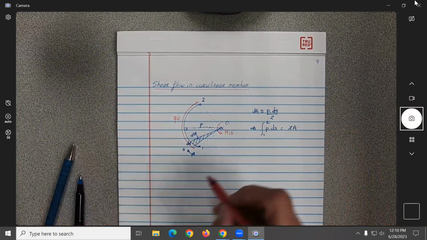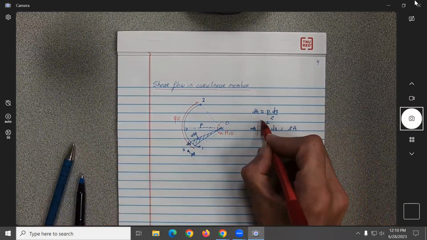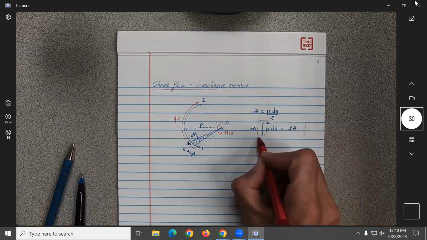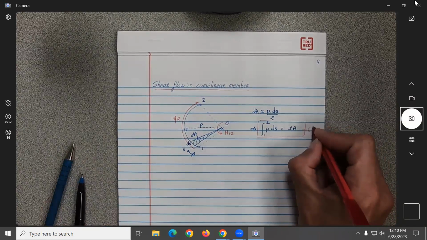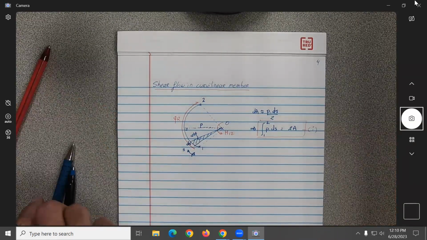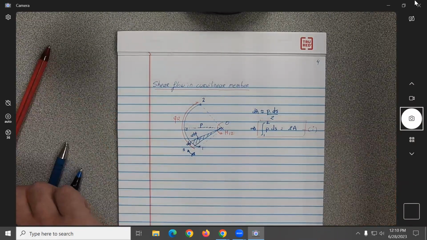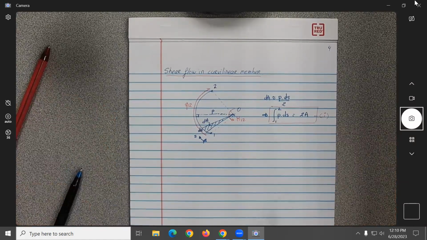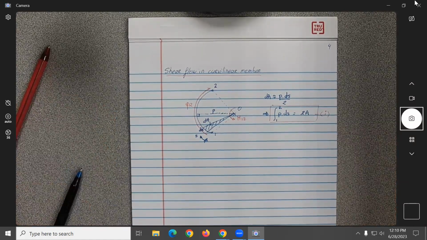So let's keep this expression over here and call it A. Again, the derivation is not important. The important thing is that you understand it, not that you fully remember.